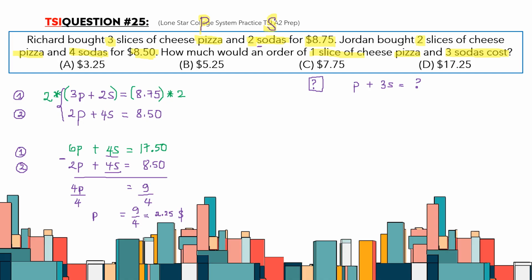We plug that into the second one. So let's say P equal $2.25. Now the second equation becomes 2 multiplied by 2.25, then we add 4S equal 8.5. Now our job is to find the price of a soda, which stands for S. So 2 times 2.25 is 4.5.